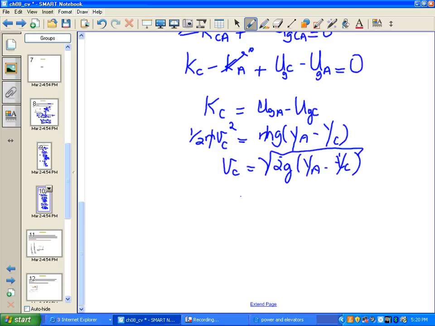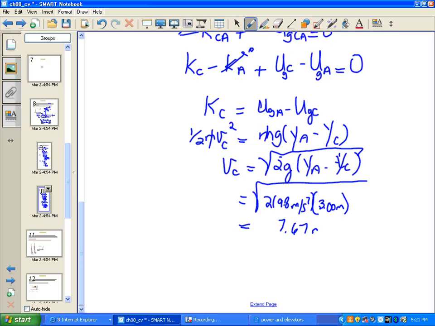Let's plug in our numbers. Square root of 2 times 9.8 meters per second squared times 5 minus, this time, 2 meters, which gives us 3 meters of difference in vertical position. And so here we get a value of, actually, you know what? 7.67 meters per second was v_B.